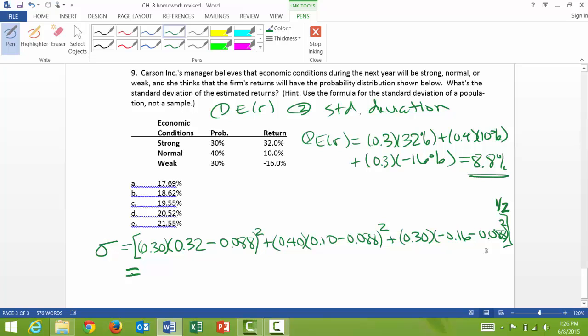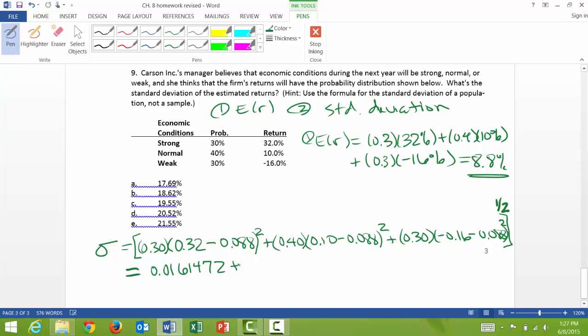So let me just get the first number. I'm going to do 0.32 minus 0.088 and square it. And I'm going to multiply this 0.053 times 0.3. So I get 0.0161472.